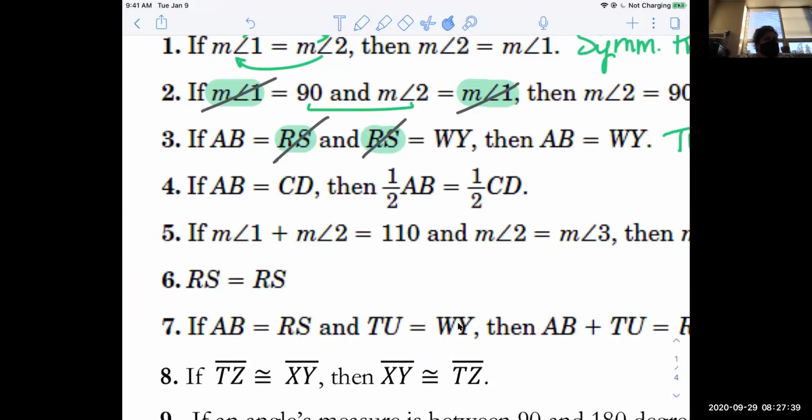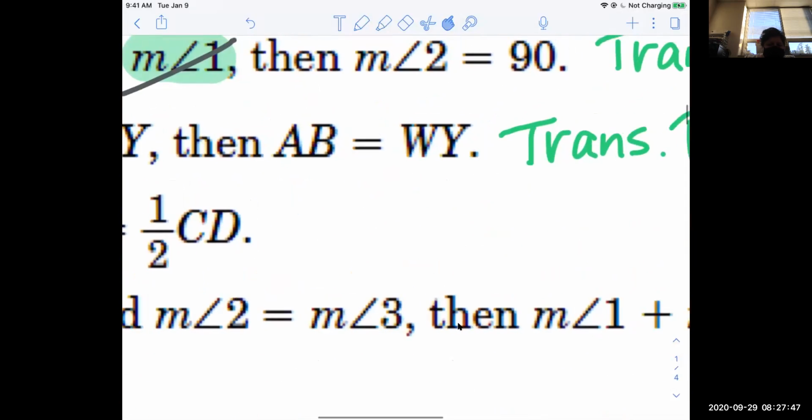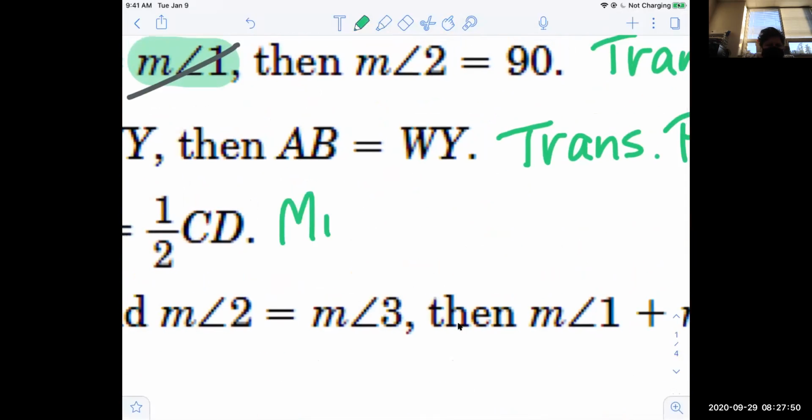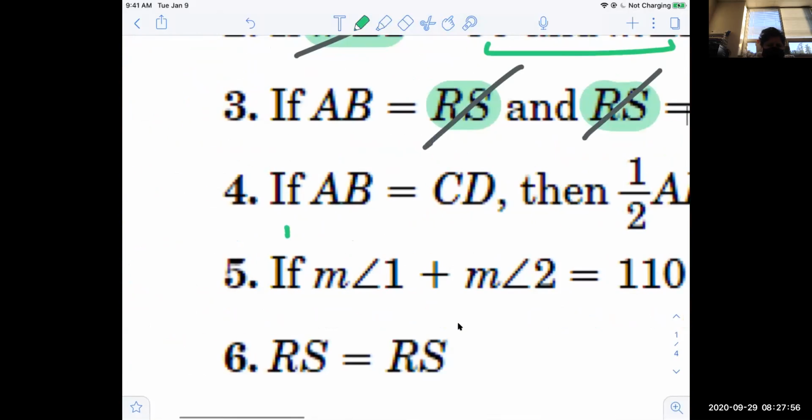So this is actually multiplication or division. If you considered it multiplication, what are you multiplying by? 1/2. To me, it makes better sense to call it multiplication just because of how it's written. So I'm going to multiply both sides.